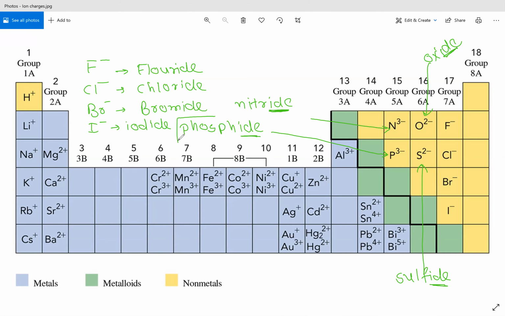Okay, so I'm going to stop sharing this and share a whiteboard where I can give you a practice problem. Now I'm going to give you maybe 4 or 5 examples in which you have to come up with the right name. We already learned how to name a cation. Even if it's a transition element, we know how to name it, and we know how to name a monoatomic anion. So I'm going to give you some formulas.